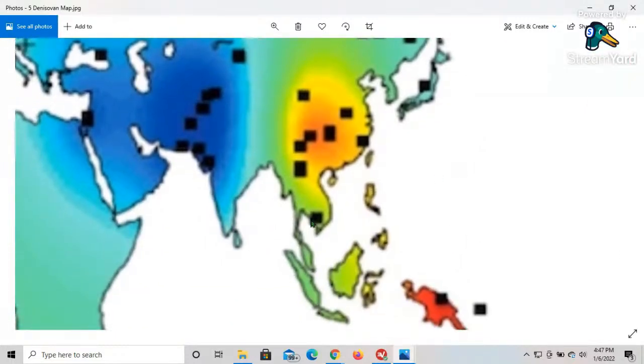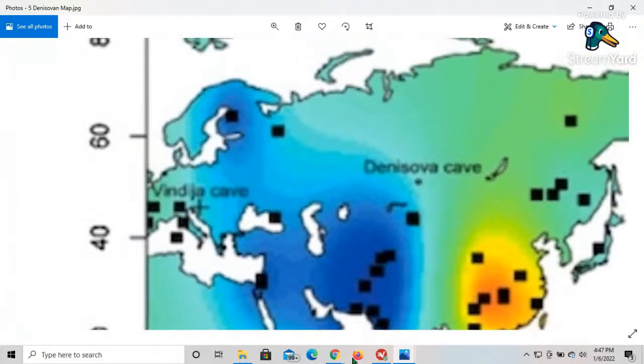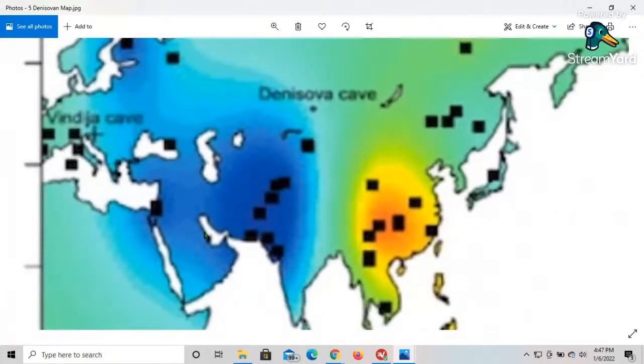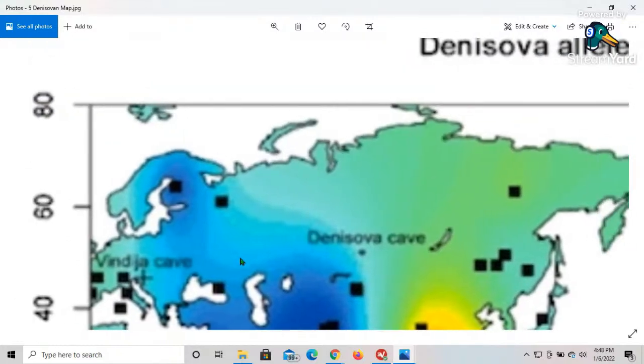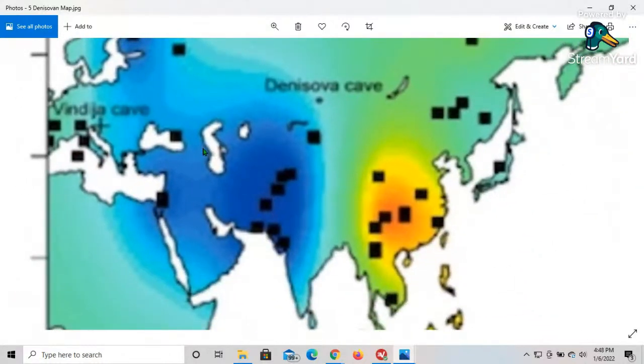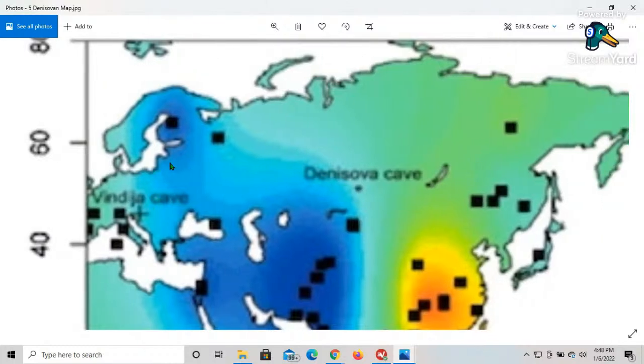So, and the people that don't have Denisovan DNA would be the cold color, which would be basically the Semitic populations. These are basically the Semitic population areas, which includes all the way up into Scandinavia, up in this area here, which is where Israel was exiled to.